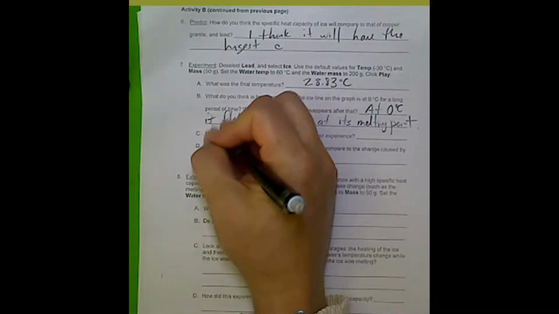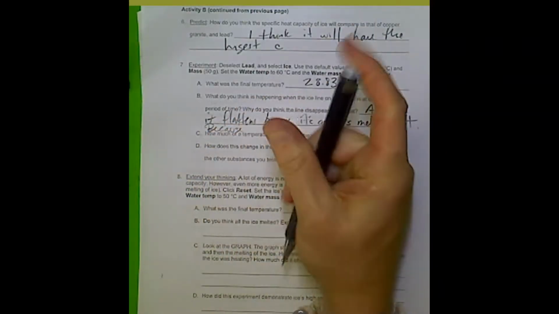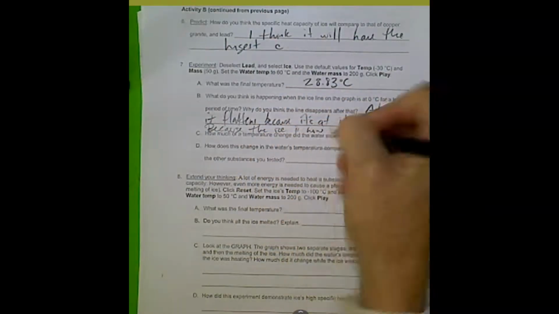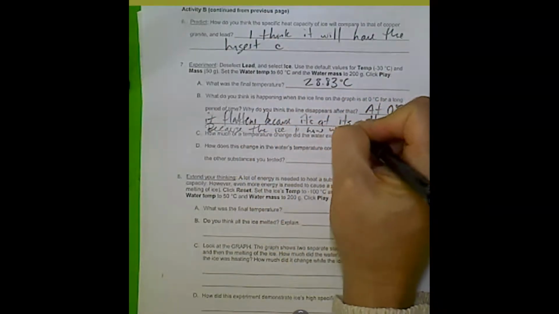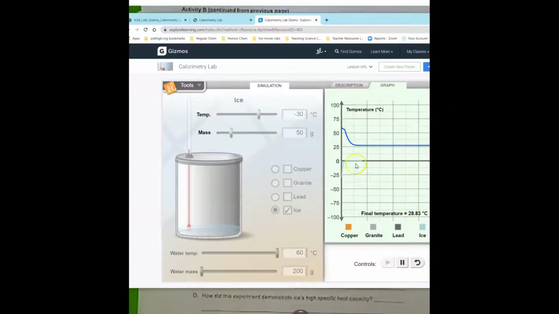Why does the line disappear? Because the ice is now water. And if we look at that graph, this blue line is water. The ice is now just joining the water now that they've reached the same temperature. It's all melted, and it is now at the same temperature as the water, this final T.